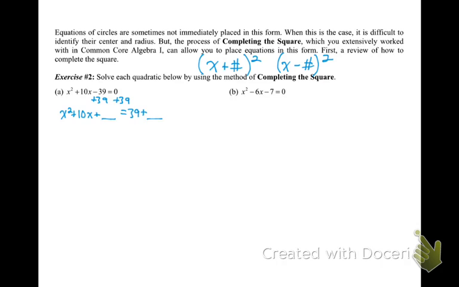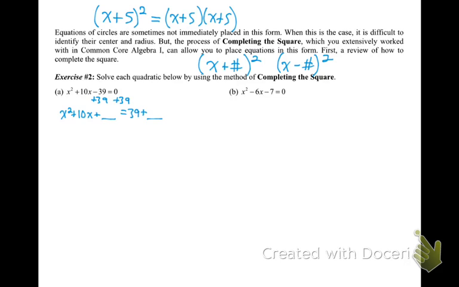Now to think about this, I'm going to look at an example where I have a perfect square and work my way backwards. So if I had x plus 5 squared, if I were to square that out, it's really the same thing as x plus 5 times x plus 5.